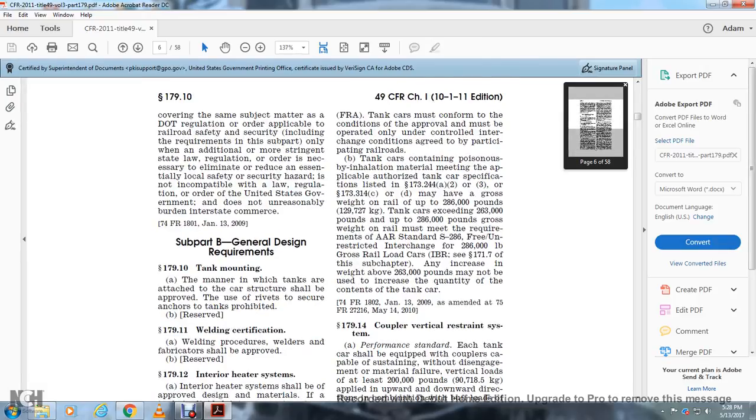The FRA tanks must conform with the conditions for the approval and must be operated under the control of the interchange of operations agreed with the participating railroad.